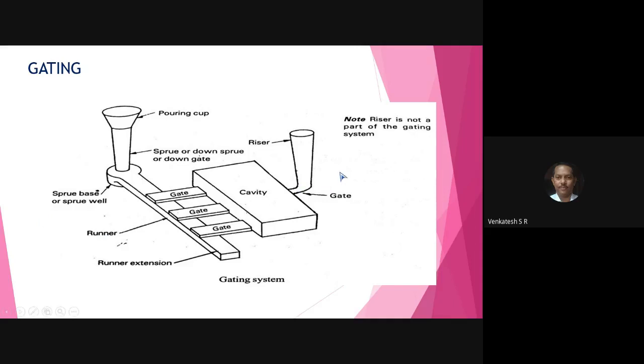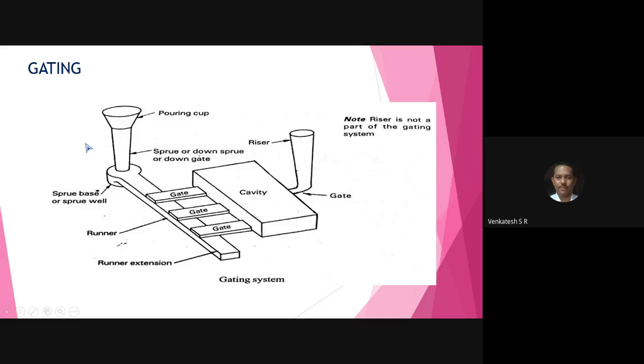In order to compensate the volume contraction, the riser supplies the liquid metal into the mold cavity and makes the complete casting. There is no insufficiency of liquid metal. The liquid metal required by the mold cavity is supplied by the riser in order to compensate the volume contraction.